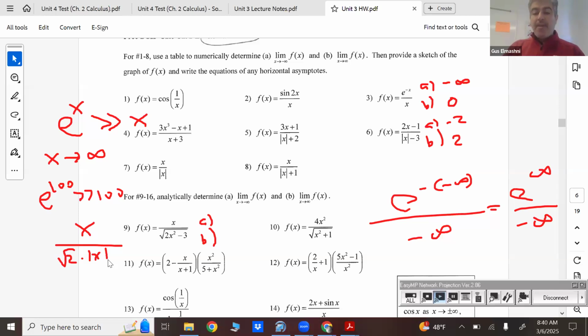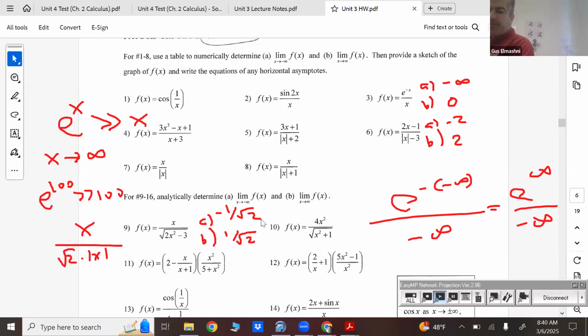So you ignore that. √2 gets pulled out. So if x is going towards positive infinity, I think you would get 1 over √2. If it's going to negative infinity, you get -1 over √2. √2 is 1.414. So if you do 1 over that, I think it's like 0.7 something. So you should see like 0.7 or -0.7.